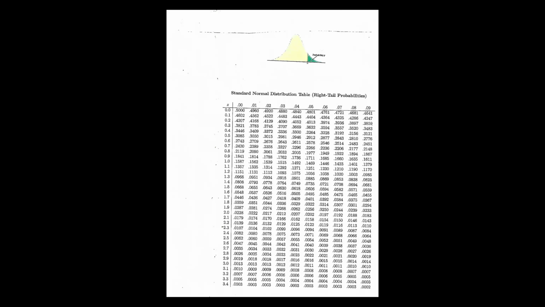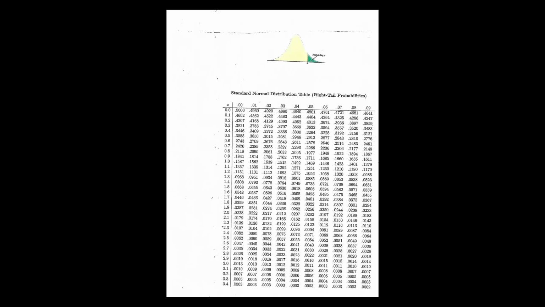Then the z-score is the one that leads you to the probabilities that fall in the range of 0 and 1. So it is very important that we mark that. What we are trying to do is show you the probabilities between 0 and 1.